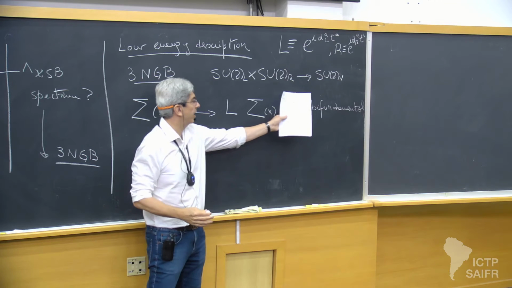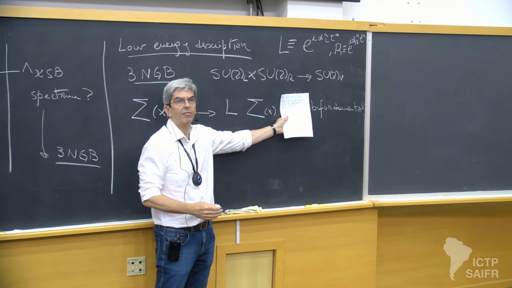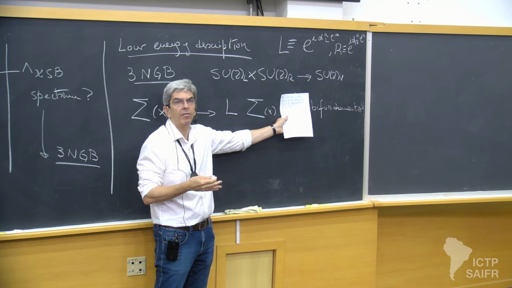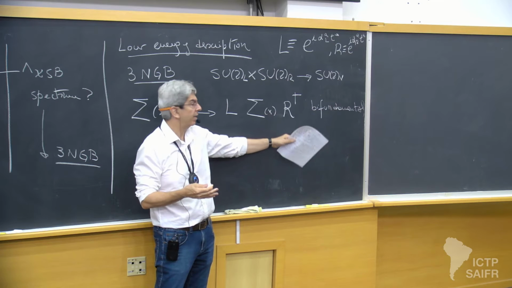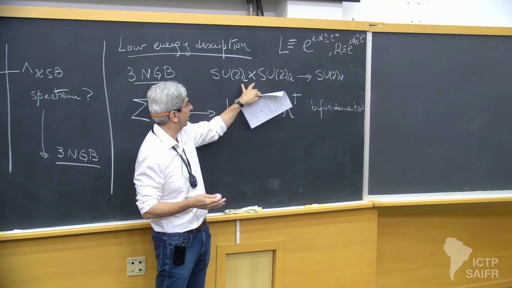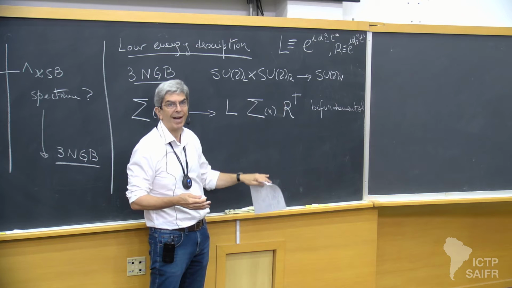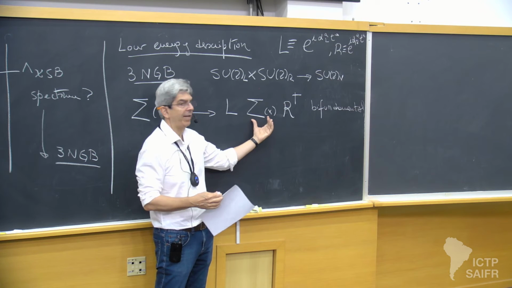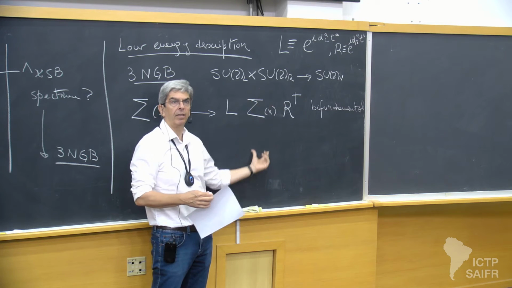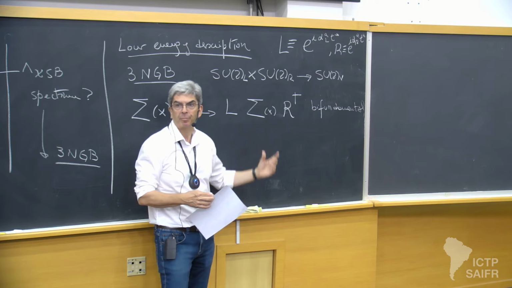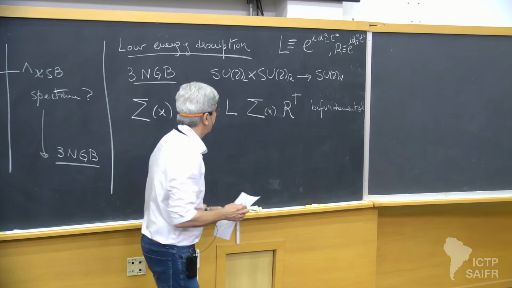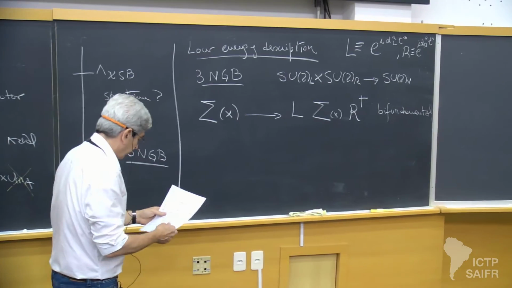We learned that, for example, the Higgs transforms as a fundamental of SU2 left, but this one transforms at the same time under both symmetries, so it's a bifundamental. It's itself a matrix as opposed to a little column vector, okay? And so it has to feel both symmetry transformations, but that's all we know.